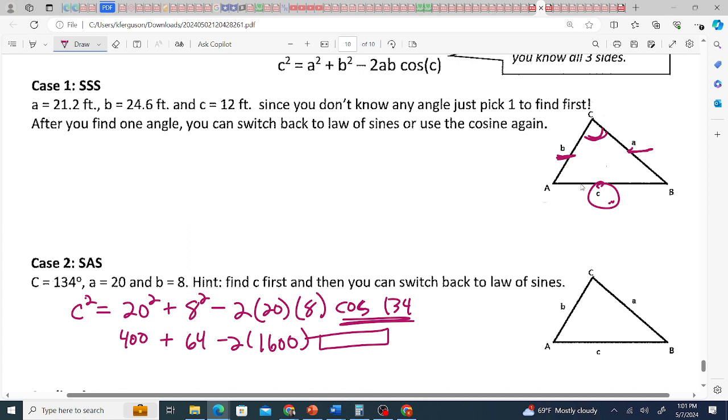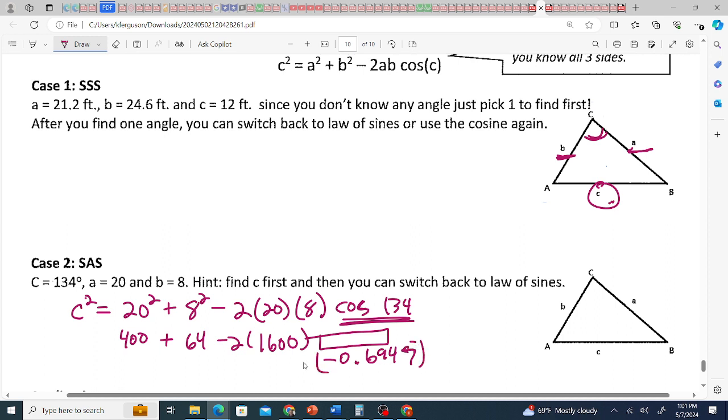Cosine of 134 is negative 0.6947. Yeah, I rounded off to 4 decimal places.